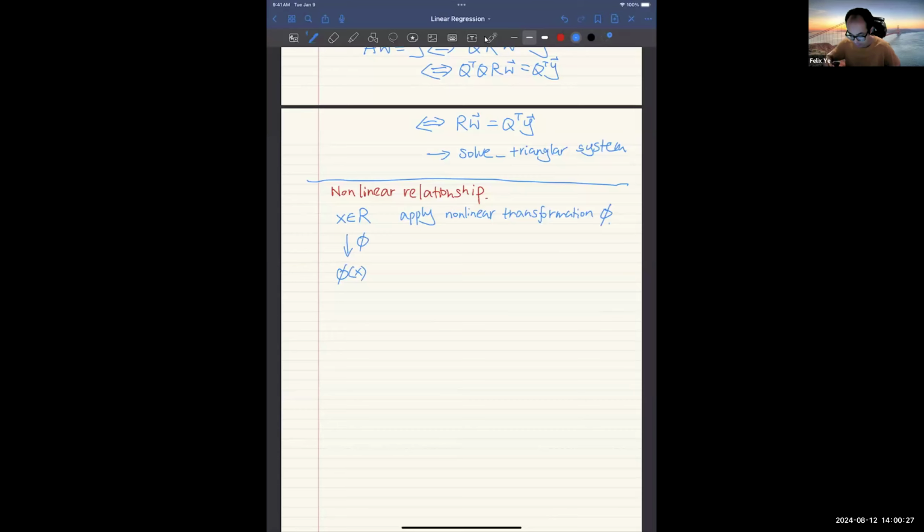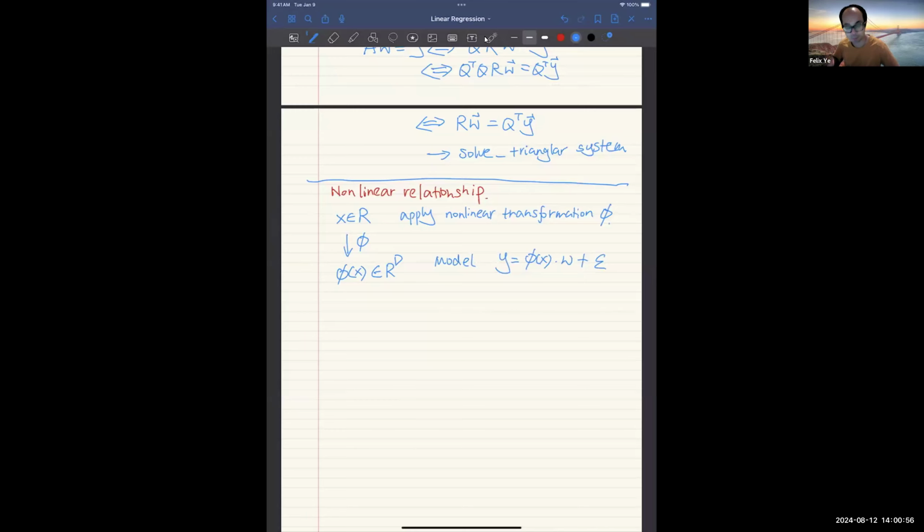Let's say this phi(x) is in R^D. Then we think about our model as y equals phi(x) times w plus epsilon.